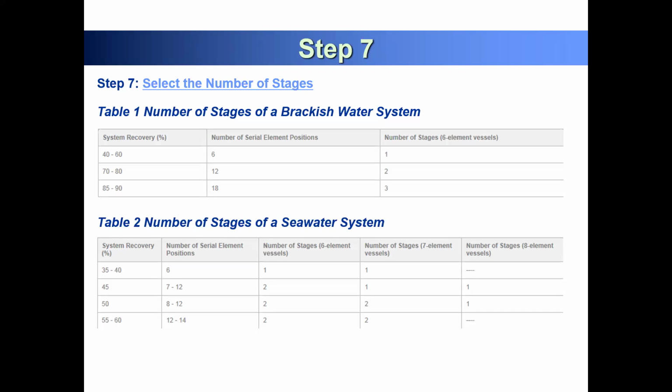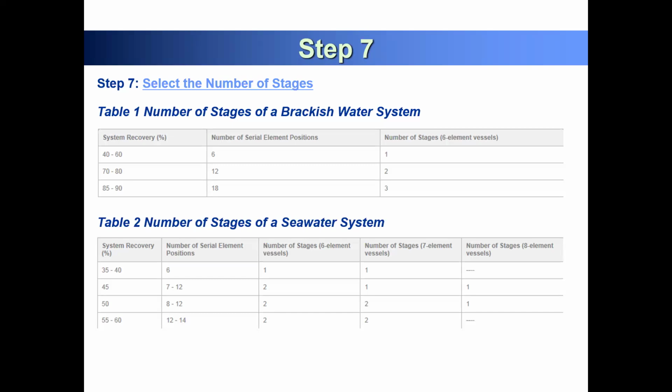After you select all the pressure vessels, let's say you need 10 pressure vessels, how can we allocate your stages? You need to decide the number of stages for brackish water and seawater. So brackish water, wastewater reuse in this example. When you recover 40 to 60%, the number of serial element positions is 6, and the number of stages is 1.